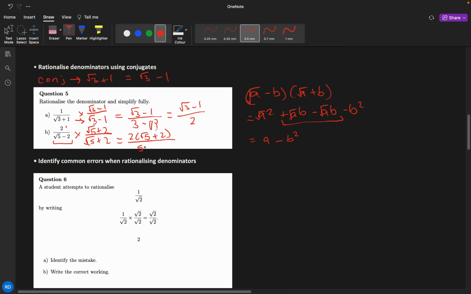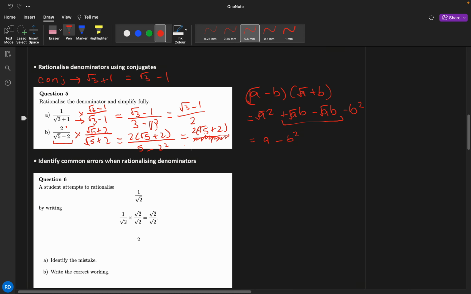So it's going to be 5 minus 2 squared, which equals 2 root 5 plus 2 over 5 minus 4 is 1. So it actually just equals 2 times root 5 plus 2.